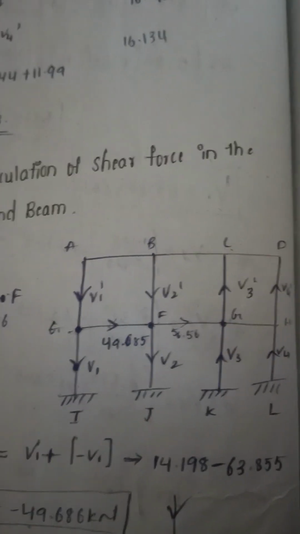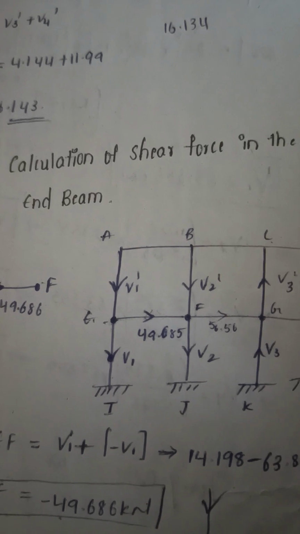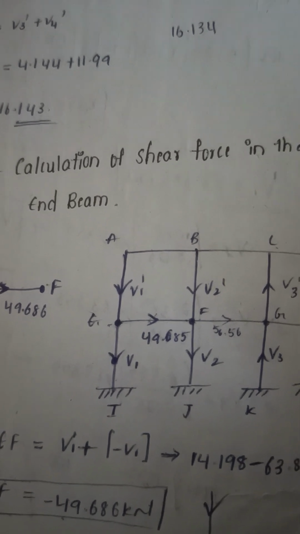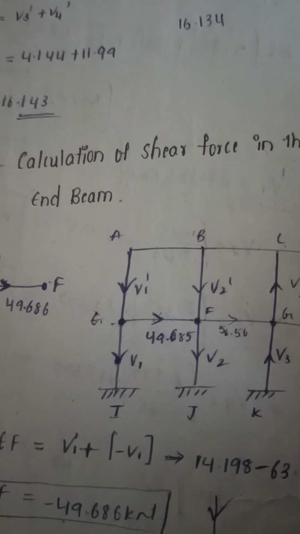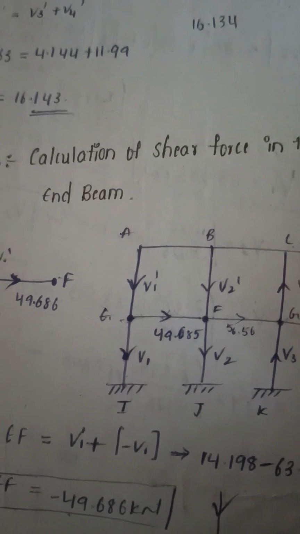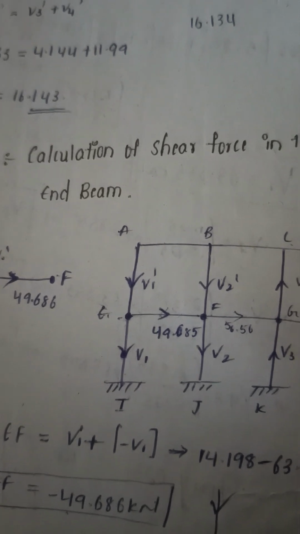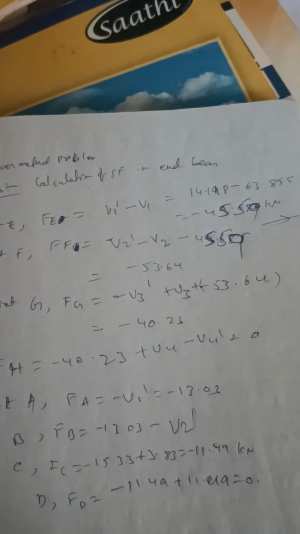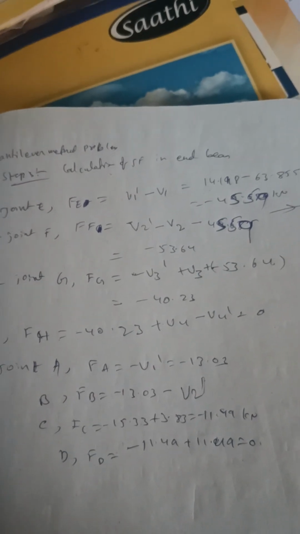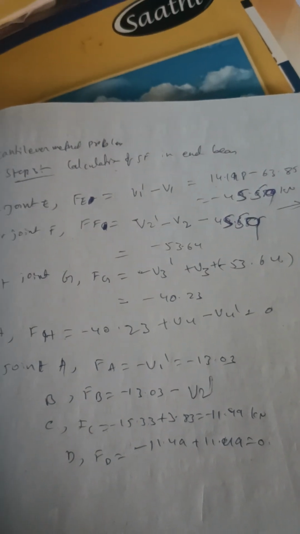V1 dash is entering, so plus V1 dash, V1 is leaving, so minus V1. V1 already we have found, therefore we will get minus 45.59.